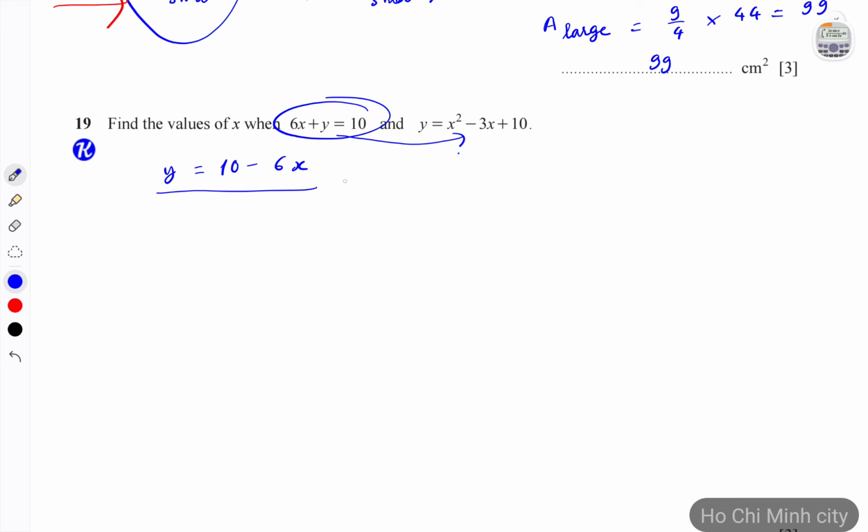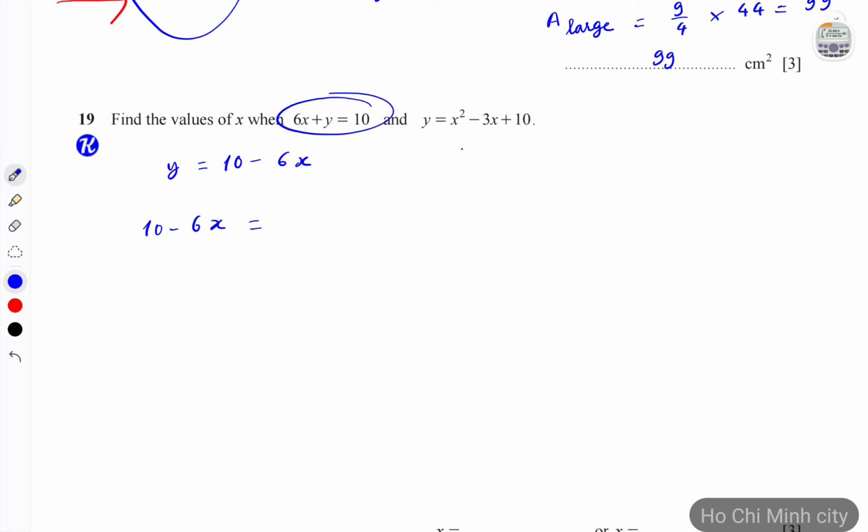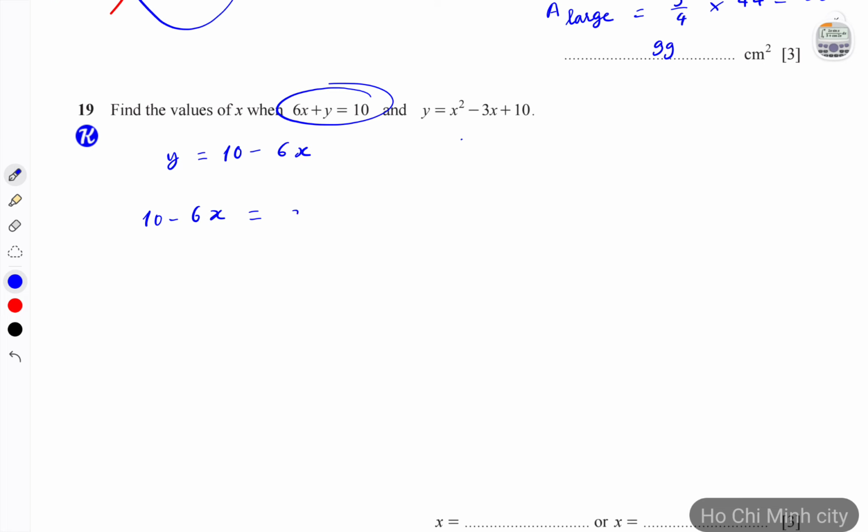And plug this value into this, we have 10 minus 6x is equal to x squared minus 3x plus 10. So we have x squared, plus 3, plus 6, and plus 3x is equal to 0.